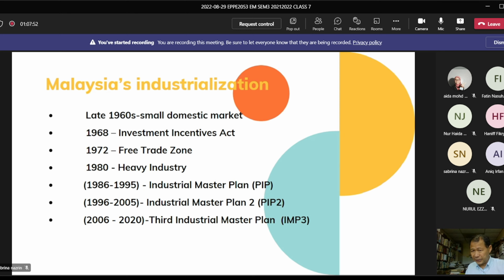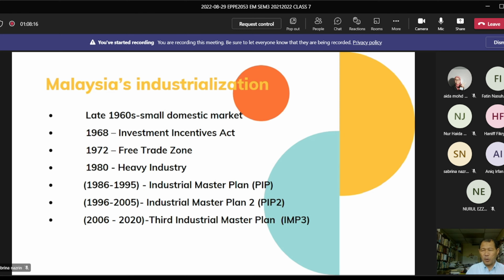So that's why the change in 1986. 68, you just turn it to 86, with the Promotion of Investment Act, PIA. This one, 68, IIA. 86 change, just change it.